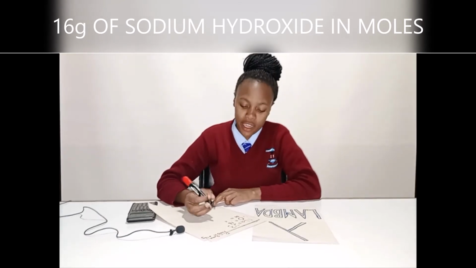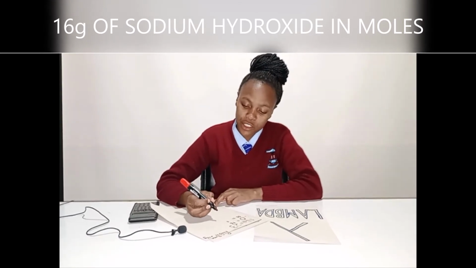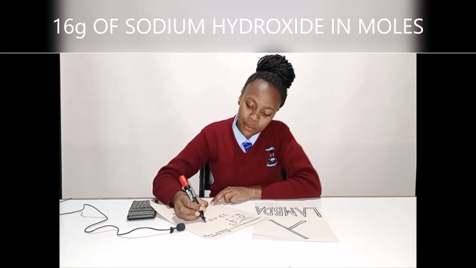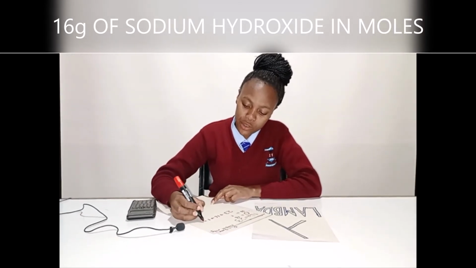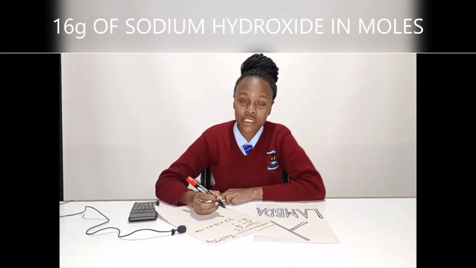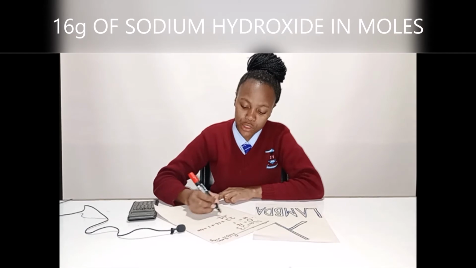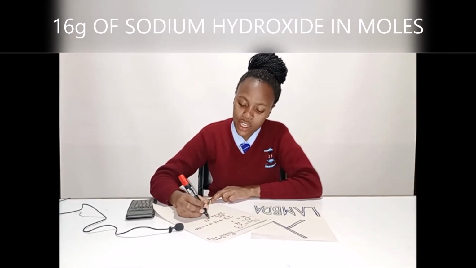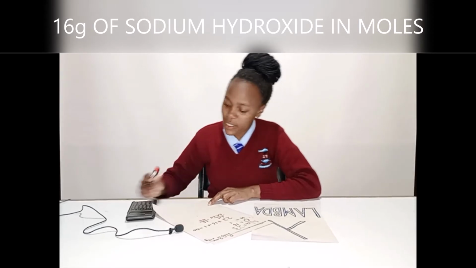Yes, you are going to add the relative atomic masses, which is 23 plus 16 plus 1, where you are going to get 40. The number of moles is given by mass over molar mass, where the mass is 16 over 40.